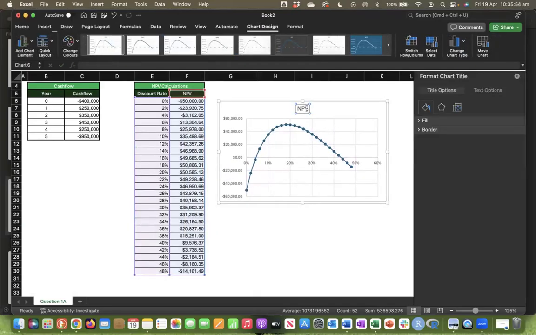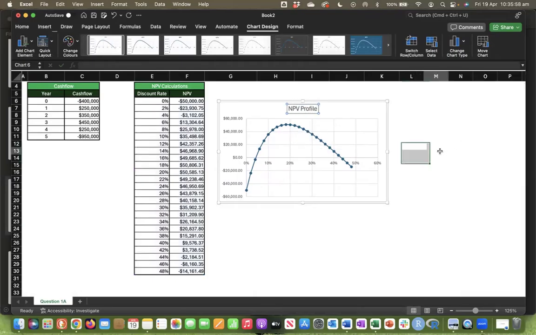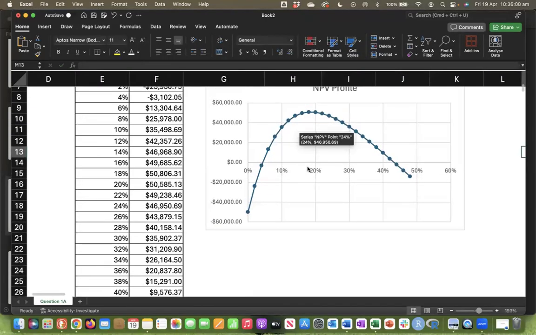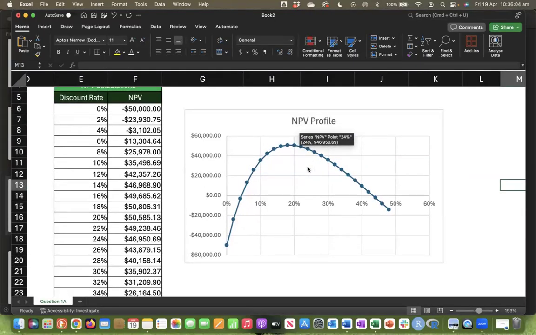So I might quickly reword this to NPV profile. And as I was mentioning before, this graph is representing 2 IRRs, and you should be able to understand why and write about that in your report. But this is what we're looking for you to produce and replicate in your assignment.